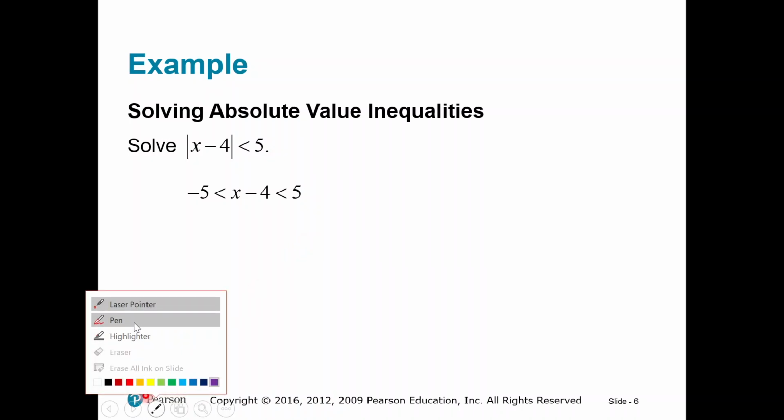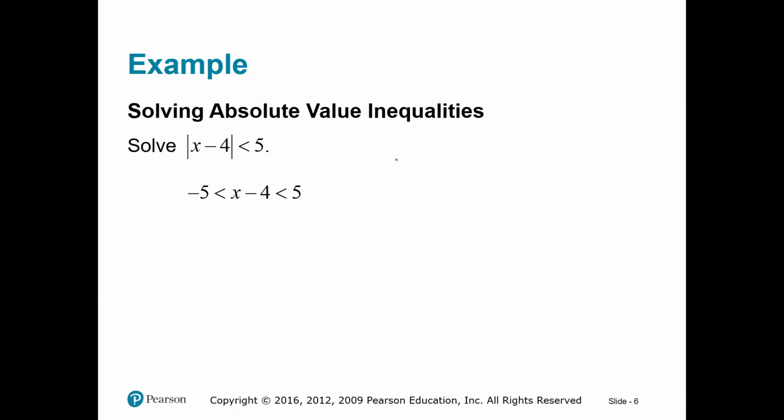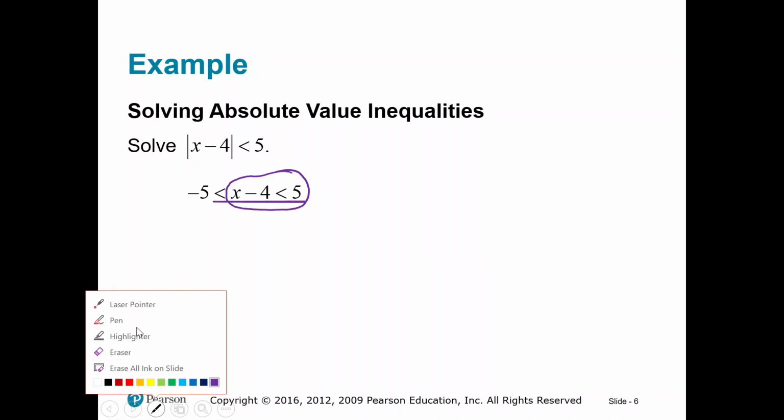You can think of it as two equations. So the first is x minus 4 less than 5.